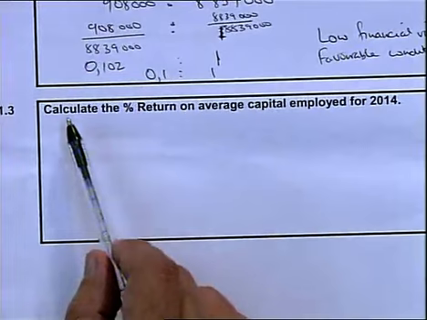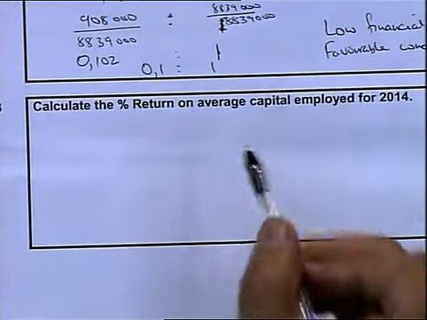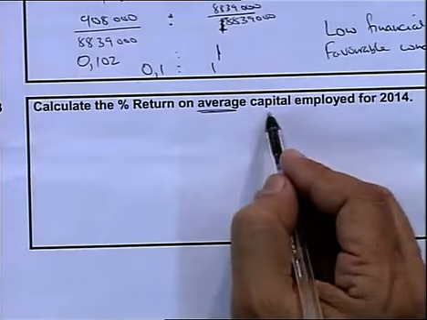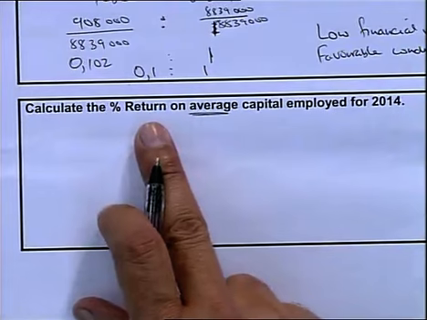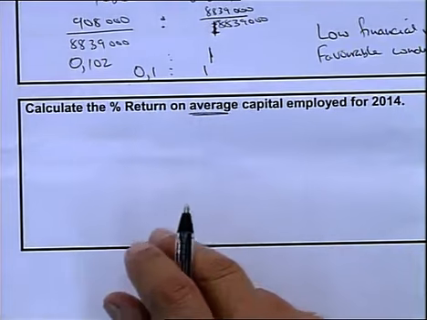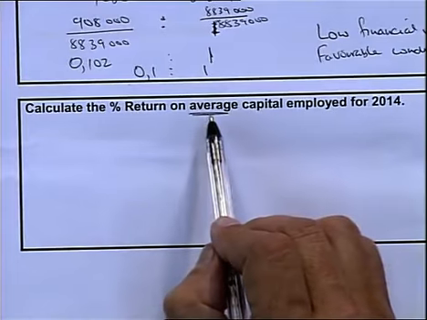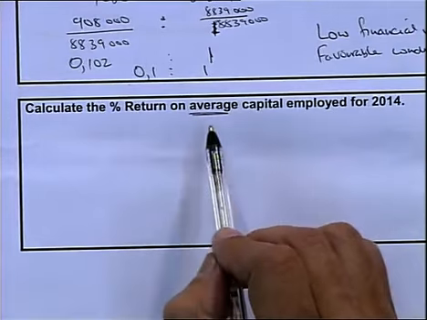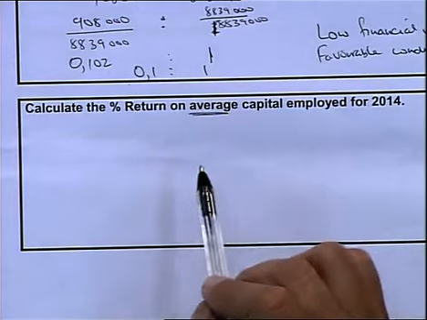Right. They ask you, calculate the percentage return on the average capital employed. Any return refers to the net profit, so we have to look at our net profit. And when we see the word average, then in your financial indicator, you have to indicate a half or 0,5.